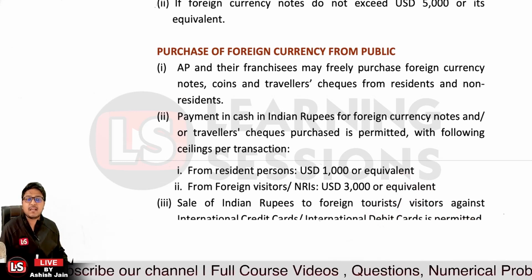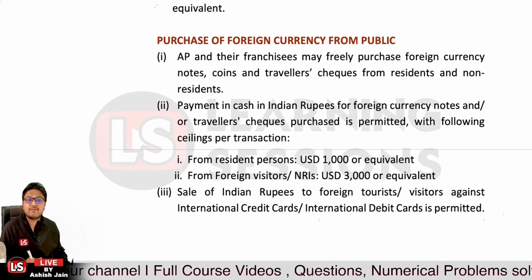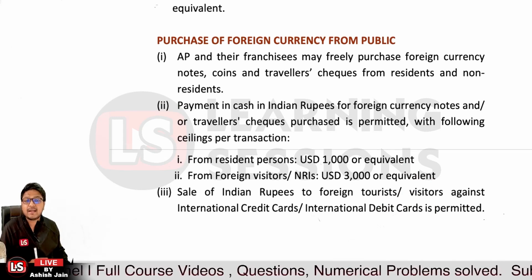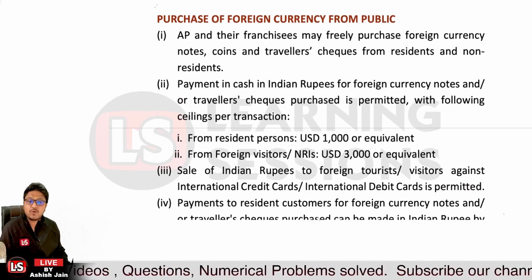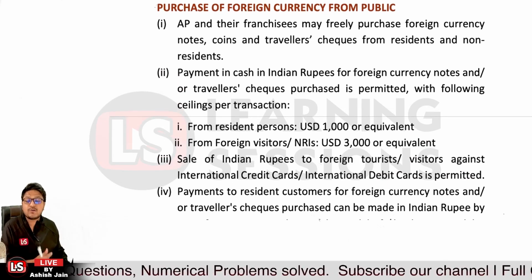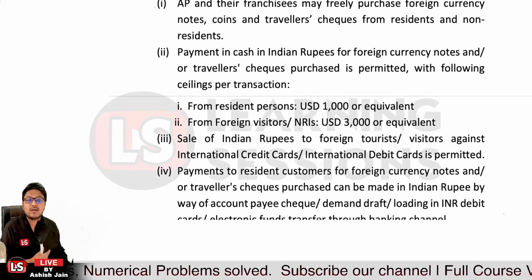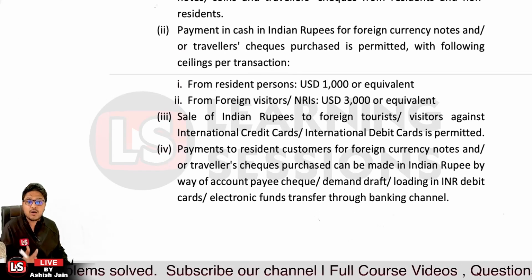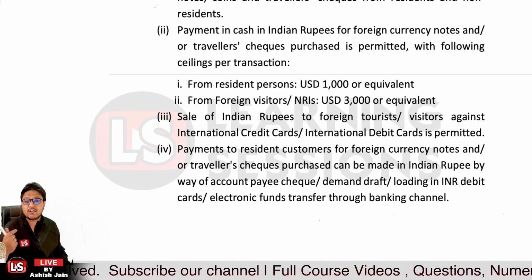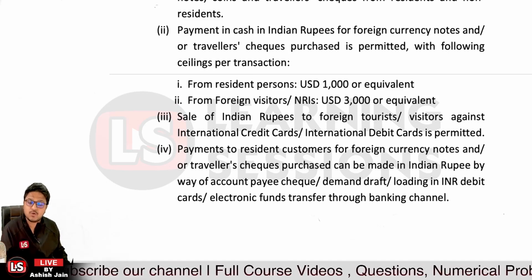And the sale of Indian rupees to foreign tourists and visitors against international credit cards and international debit cards is also permitted. Payment to resident customers for foreign currency notes or traveler check purchase can be made in Indian rupees by way of account payee check, demand draft, loading in INR debit cards, or electronic funds transfer through the banking channel only.